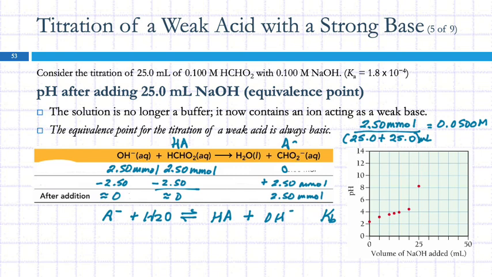So as I make the ICE table down here, I've got 0.0500 molar of that conjugate base. And I'm saying I've got 0 of the weak acid and essentially 0 of the hydroxide ion. So we're going to do the minus x plus x business again.